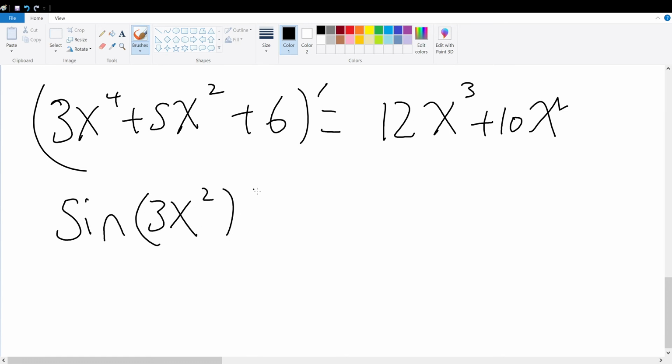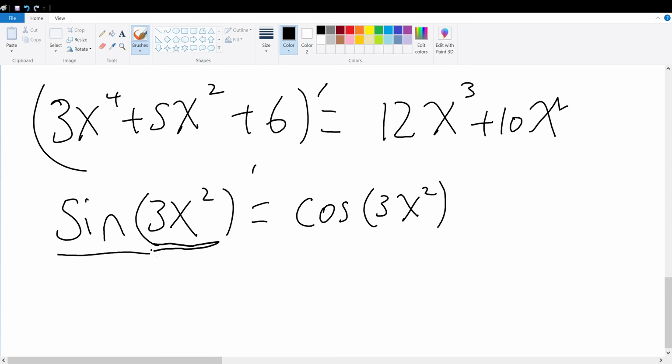Now, what if you want to take the derivative of sine of 3x squared? Now this will be trickier. First of all, you do the power rule, which gives you cosine of 3x squared, because the derivative of sine x is cosine x. This is something you have to memorize, and we'll go over that in a future lesson. So cosine of 3x squared. But remember, the chain rule says that you have to take the derivative of your inside function, which is 3x squared, and that would be 6x.